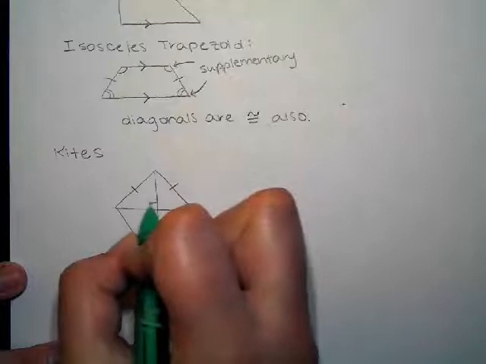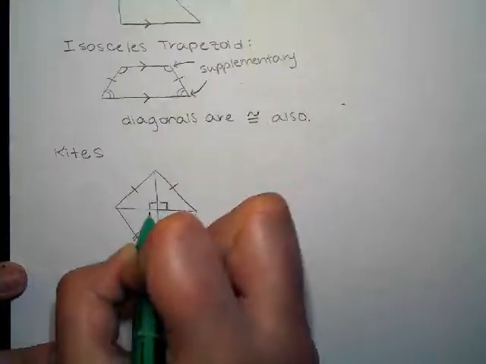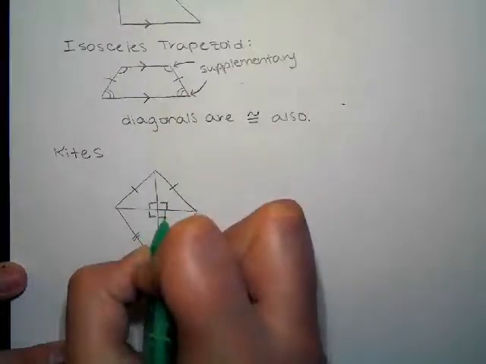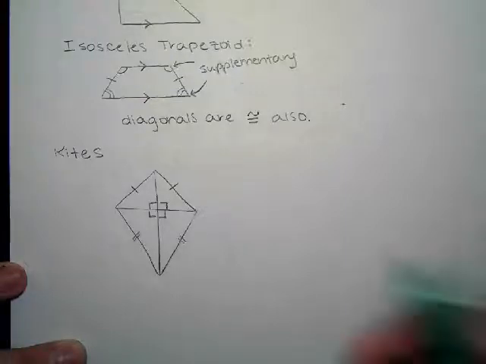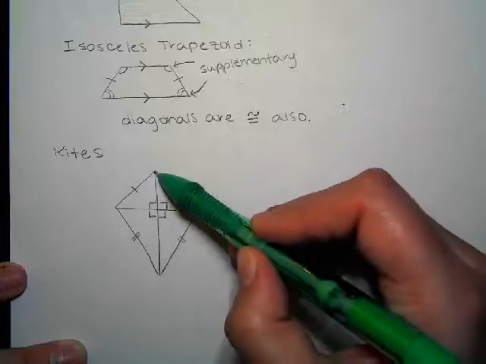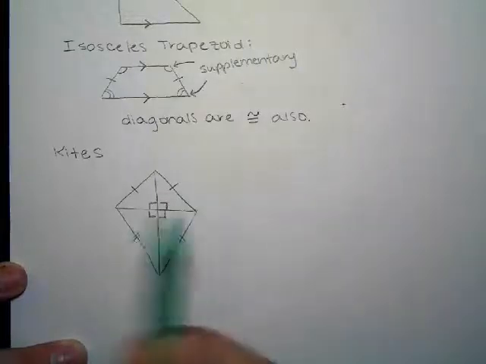These come together at 90-degree angles. These are called diagonals right here.